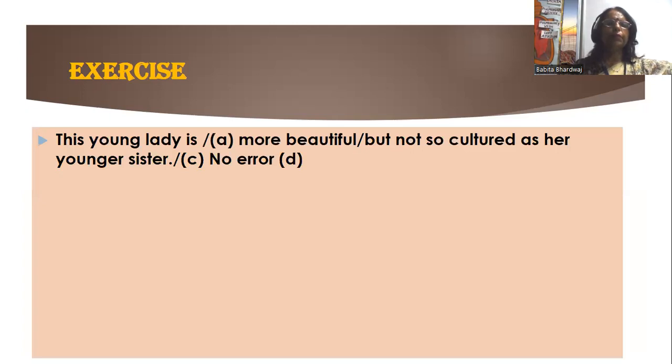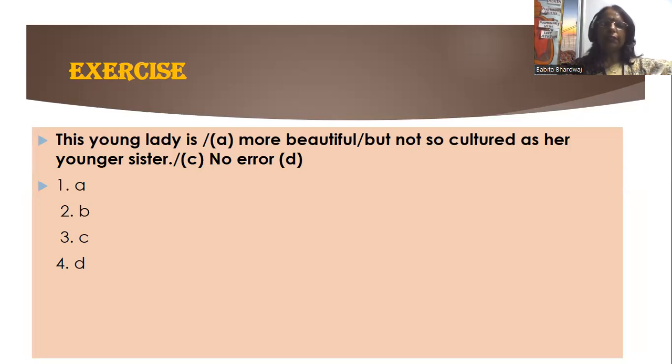Now coming to the next point, this young lady is more beautiful, but not so cultured as her younger sister. Here again, there are 4 options, but you have to see here, the young lady is, there is no scope of mistake over here. More beautiful.